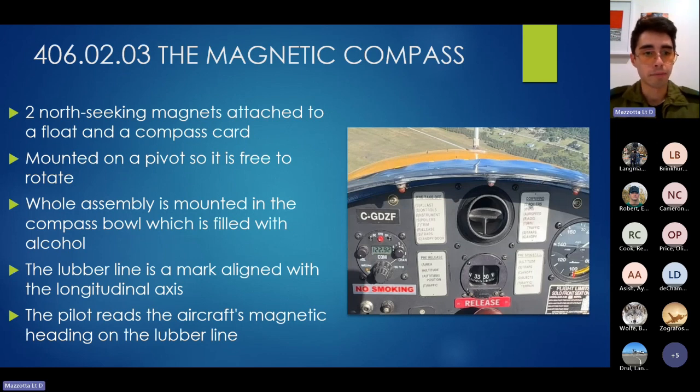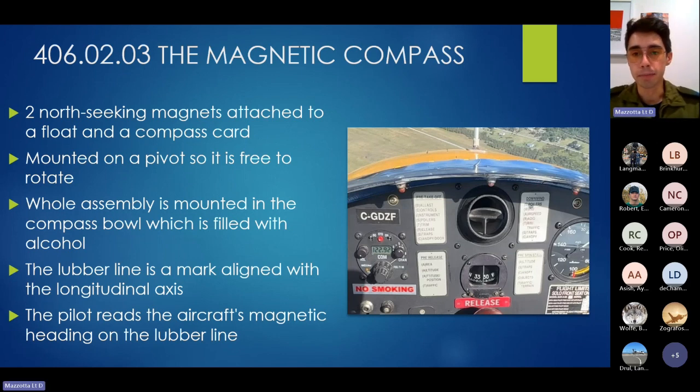The lubber line is a mark aligned with the longitudinal axis of the aircraft. If you look at the compass in the glider here, there's that white line that goes straight up and down inside the compass. That's the lubber line. And then the pilot will read the aircraft's magnetic heading based on what's directly behind the lubber line.